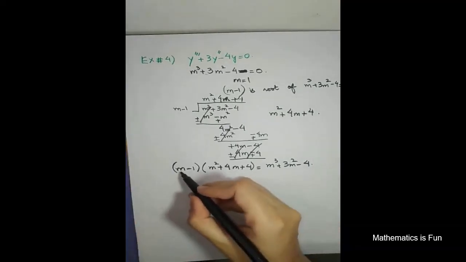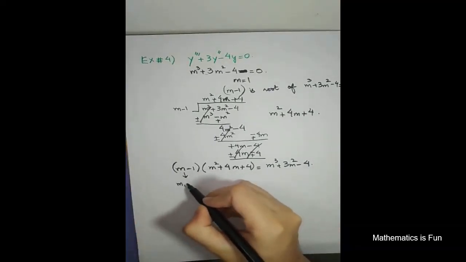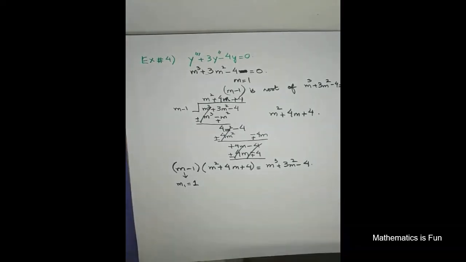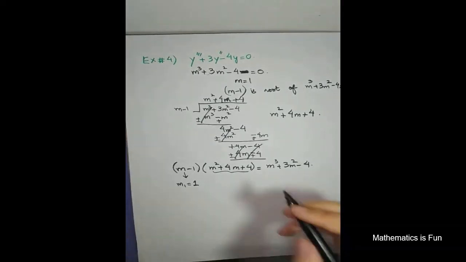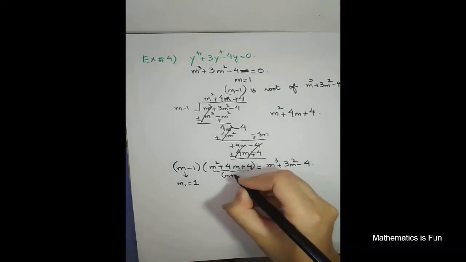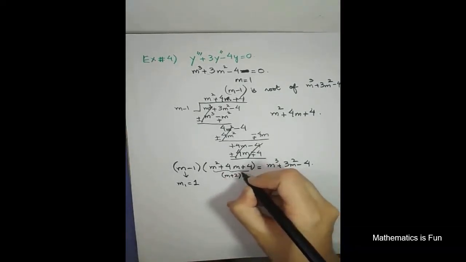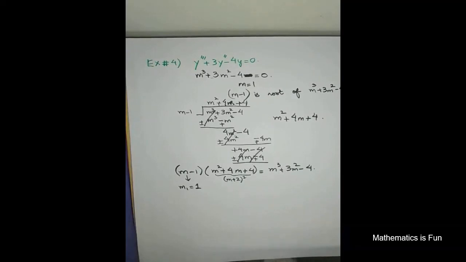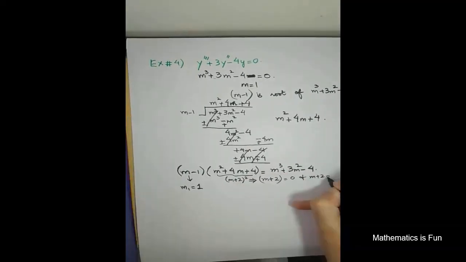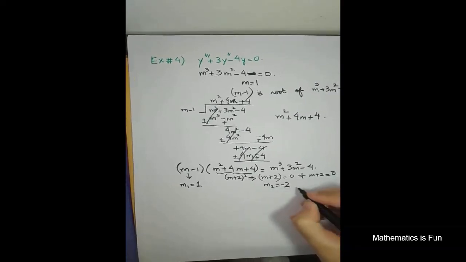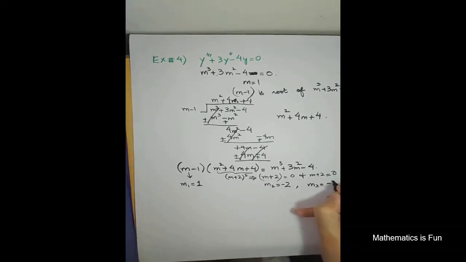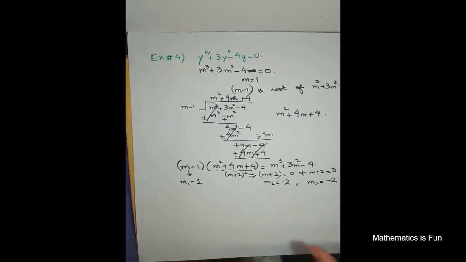One root is m1 equals 1, and the other factor is a complete square, m plus 2 whole square. That means it's a repeated root. m plus 2 equals 0, so m2 is minus 2 and m3 is also minus 2. So the second and third are repeated roots.